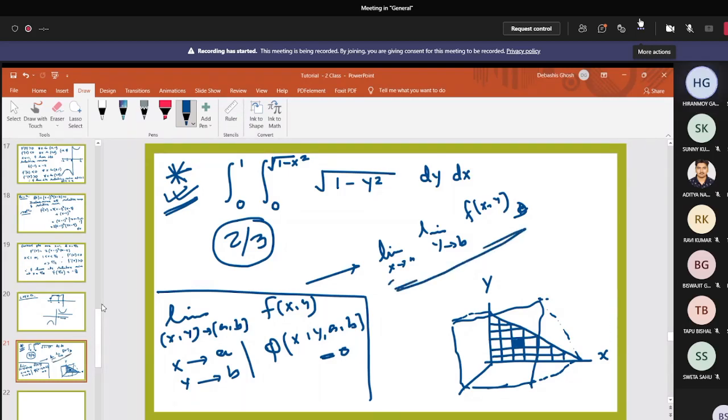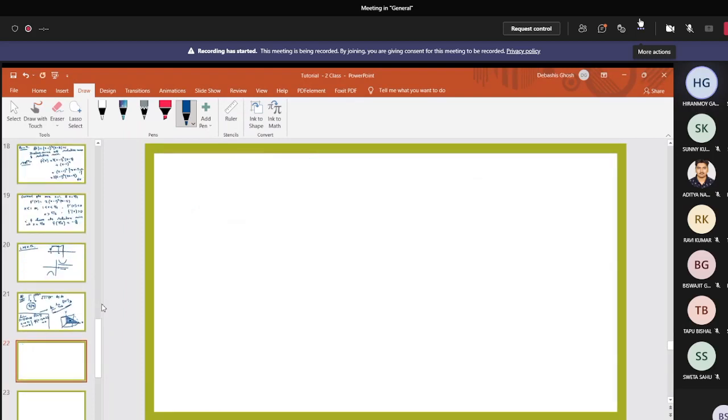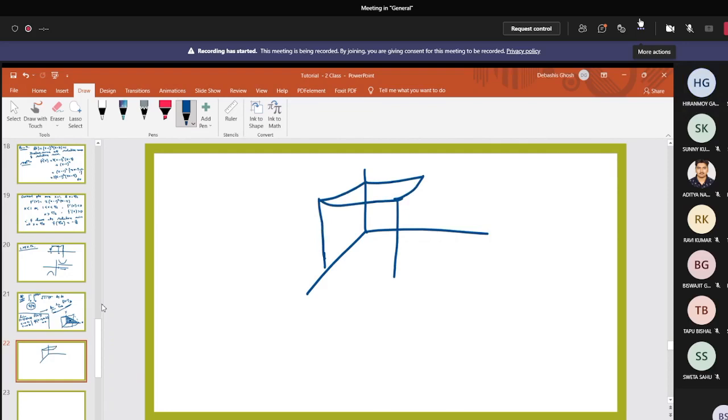Because of this clarification, I have given you the figure initially. If you consider the curve, that is most useful. We consider a path on this surface.